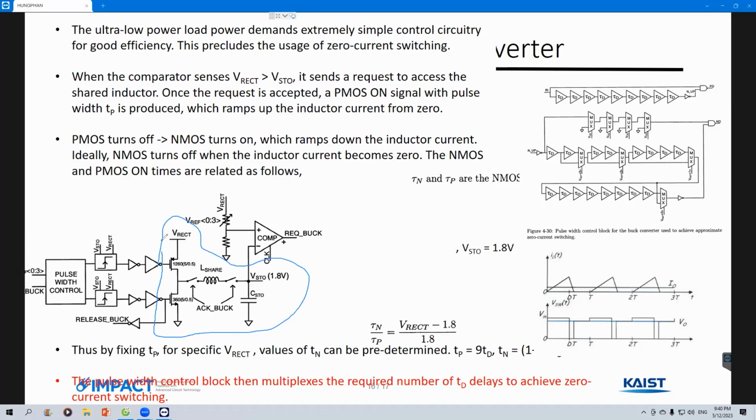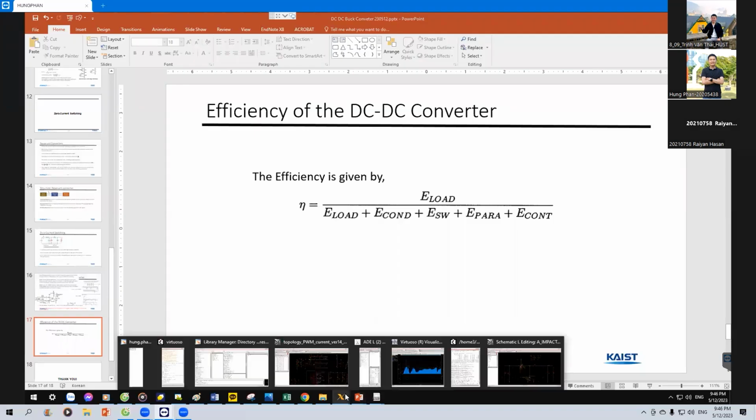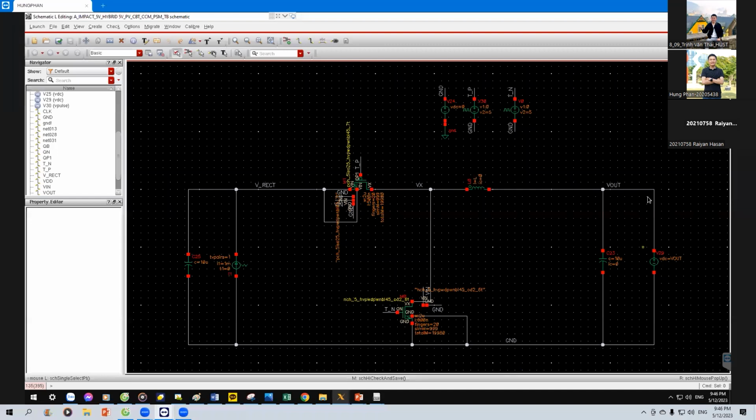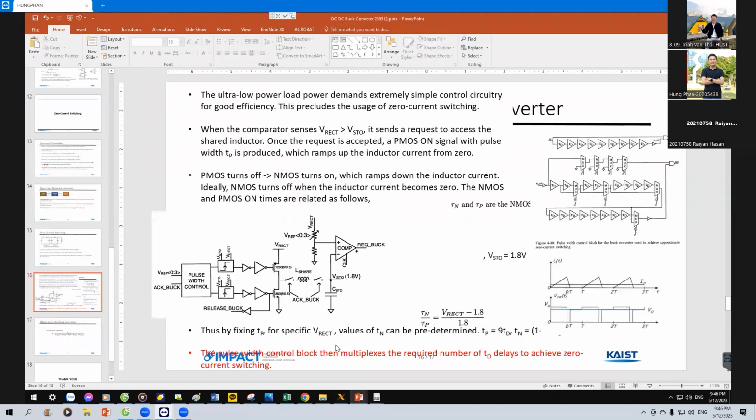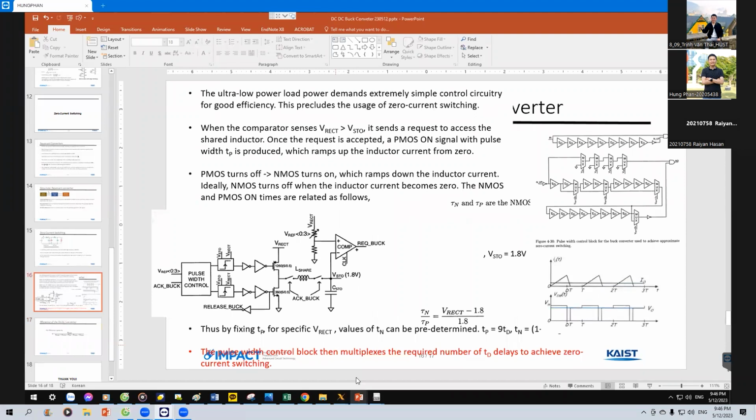Here is the converter. First we will control the two gates by the load. The load is the output, right? There is a resistor.